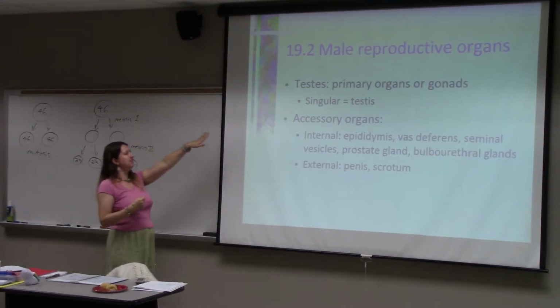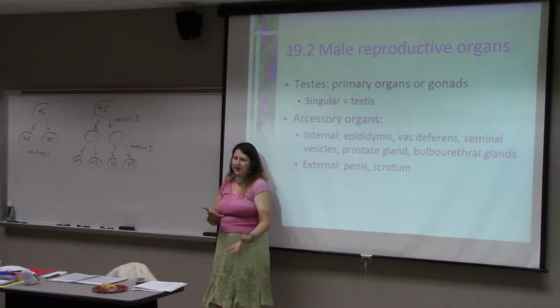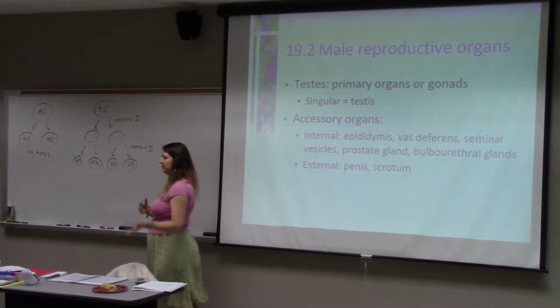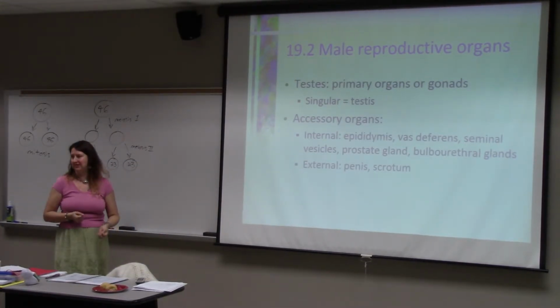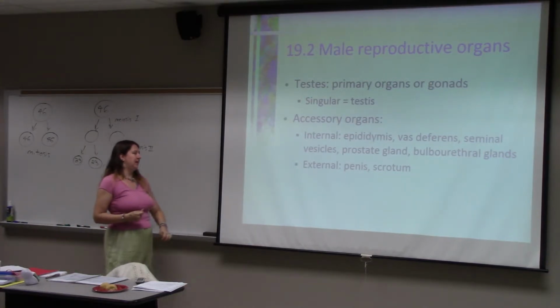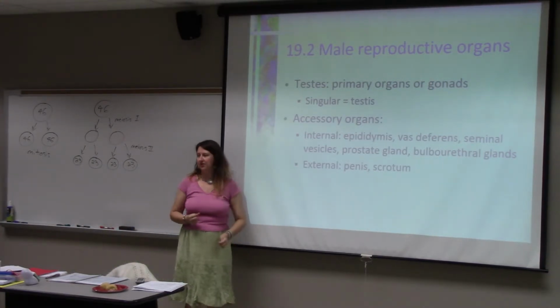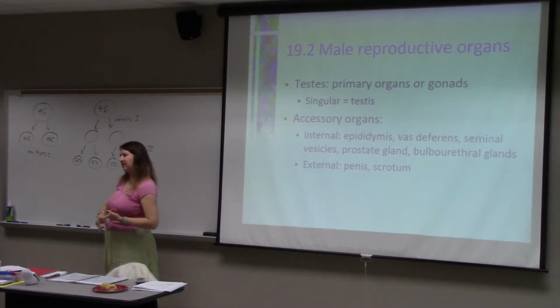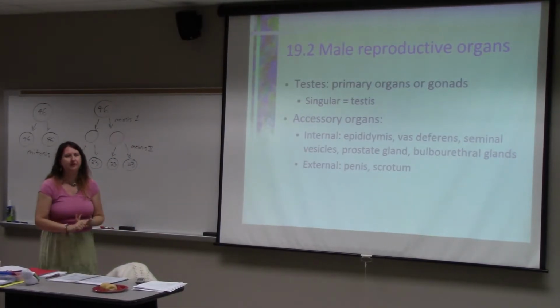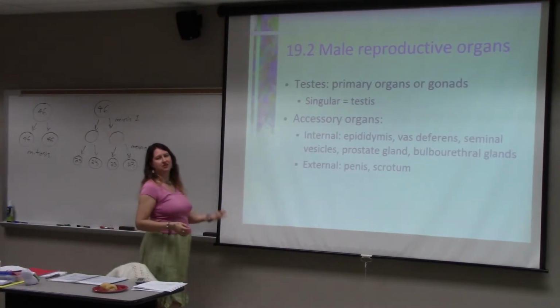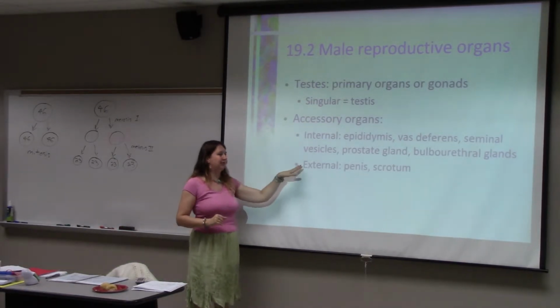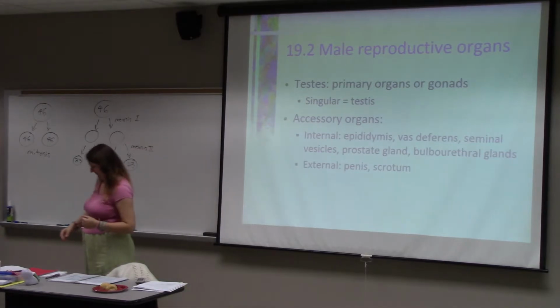The testes are the gonads of the male. Those are the organs that produce the gametes and also the hormones. And then accessory organs are structures that conduct the gametes, produce other fluids, and then the external ones, also known as genitalia, for the male are the penis and scrotum.